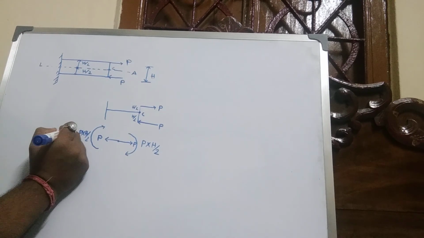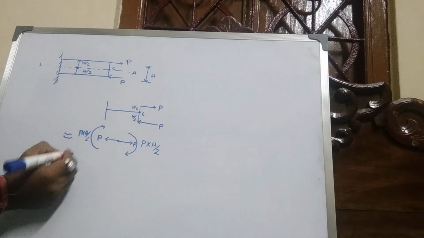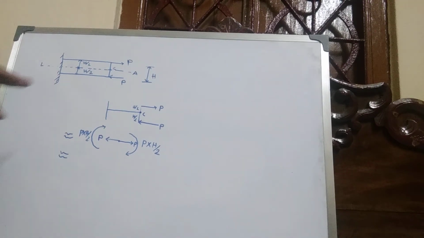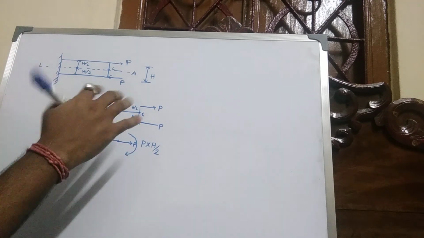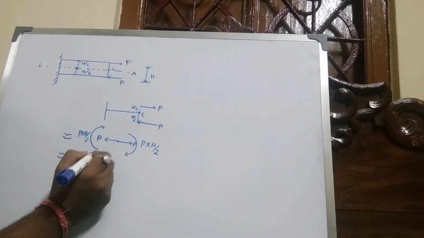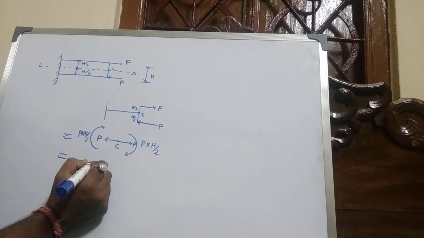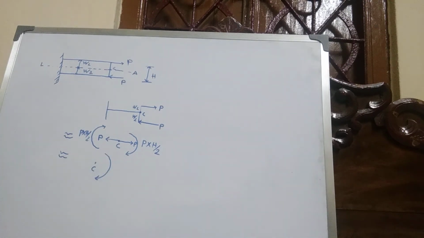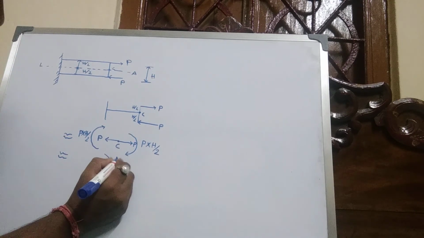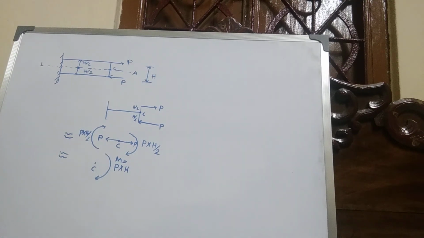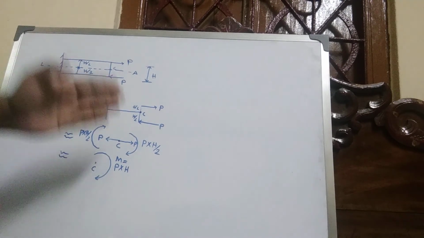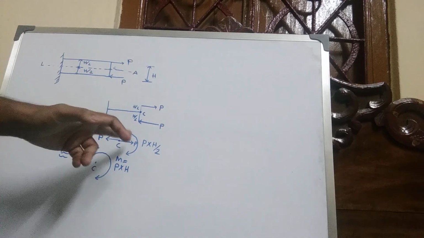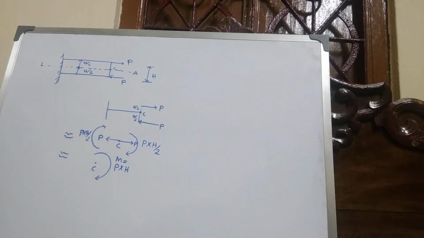The equivalent effect at point C is a couple generated by these two moments, giving M equal to P into H. This moment is called the bending moment, and both moments have the same sense.